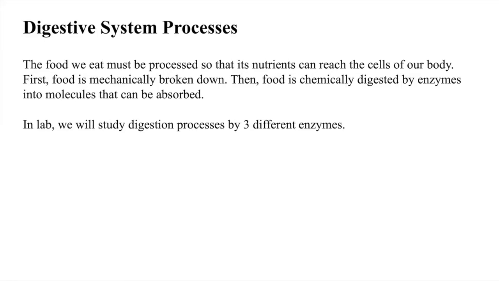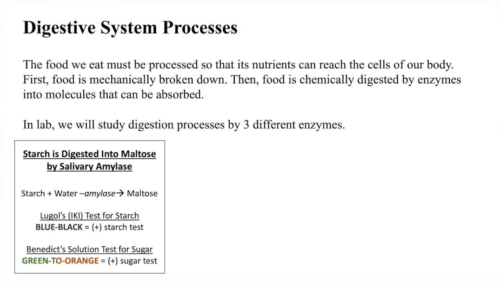The food we eat must be processed so that its nutrients can reach the cells of our body. First, food is mechanically broken down. Then, food is chemically digested by enzymes into molecules that can be absorbed. In lab, we will study digestion processes by 3 different enzymes. The first is the digestion of starch into maltose by salivary amylase, an enzyme produced by salivary glands.